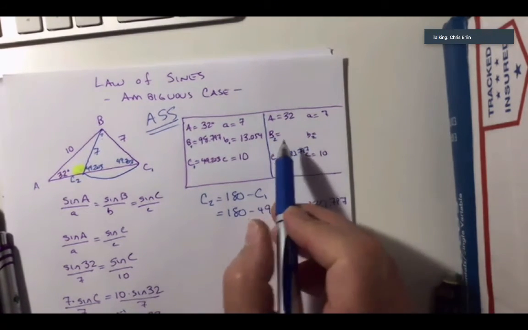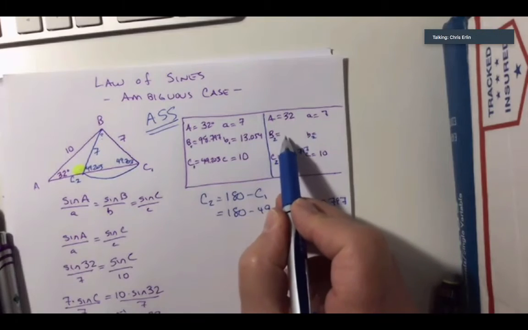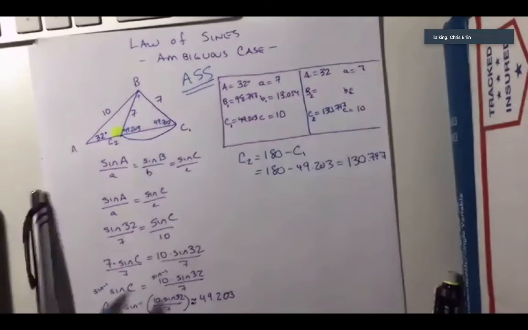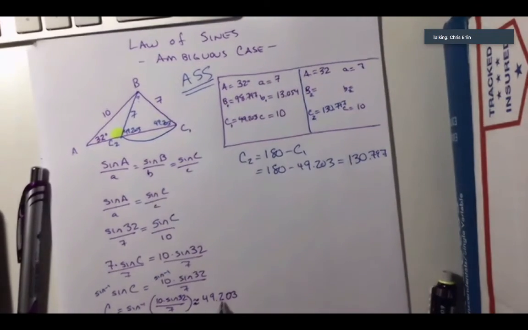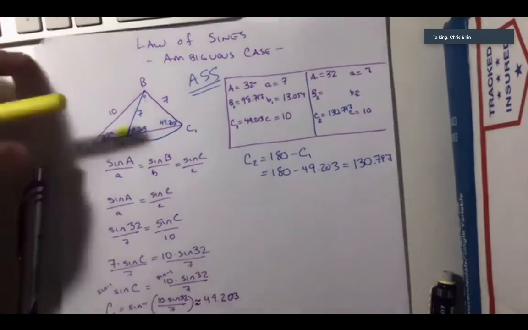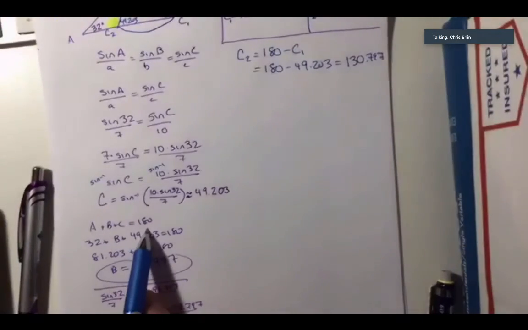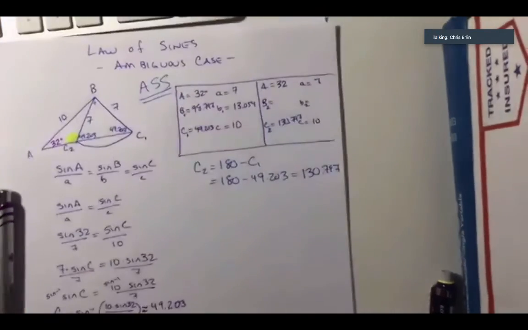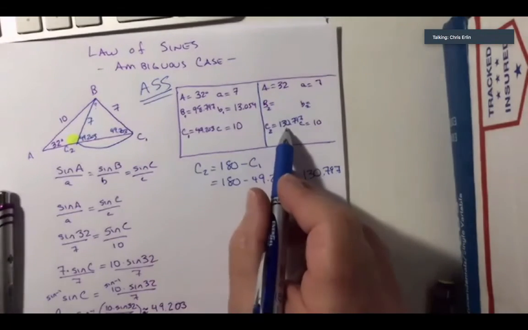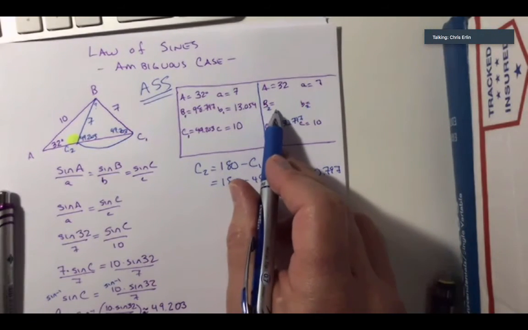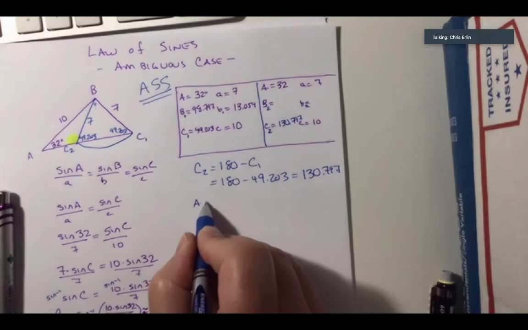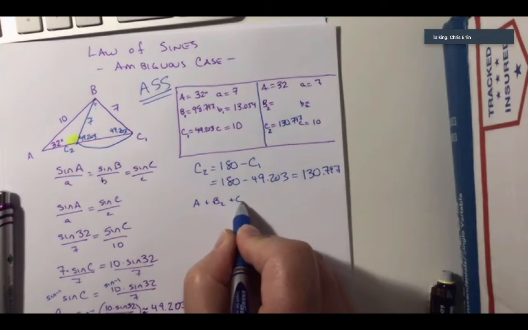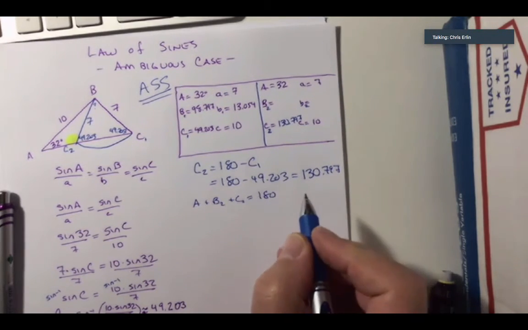And the reason is we decide whether there's a possible B2. Just like we did here the first time. We found our version for angle C, and then we went further and said, I know that A, B, and C make 180, so I can find the measure of angle B. And these were both our C1 and our B1. We do the same process. We just found C2, so we can find B2 by saying that A plus B2 plus C2 has to equal 180.